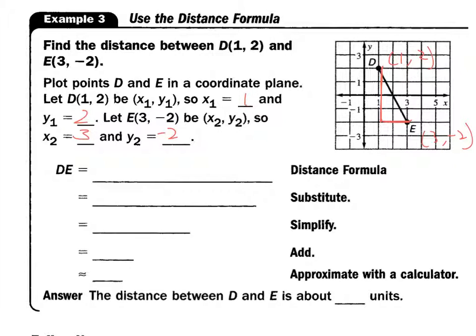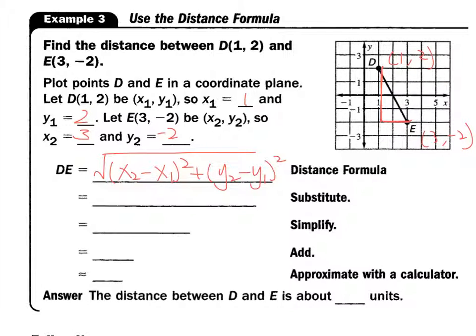-2 there, yep. So now if I use the Pythagorean theorem, I would take the square root of x2 minus x1 squared plus y2 minus y1 squared. Again, x2 minus x1 gives me the length of one leg, and y2 minus y1 gives me the length of the second leg.